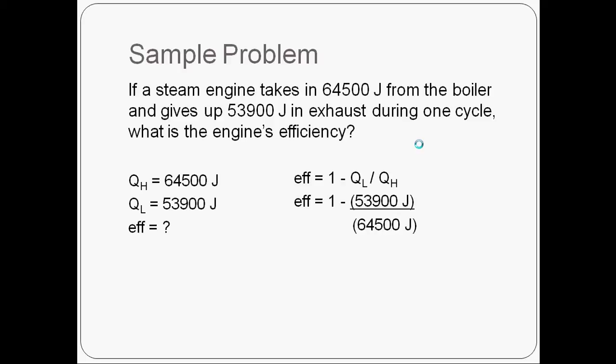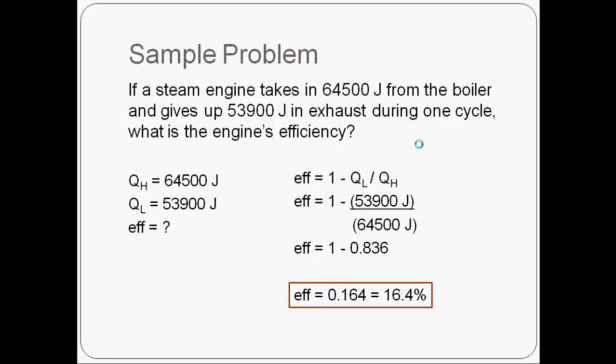As we plug that in, we get an efficiency of 0.164 or 16.4%. Either way is fine to write it. Just a little note, this 1 right here is not part of this fraction. So do this division first and then subtract whatever you get from this calculation from 1 to get your final efficiency.